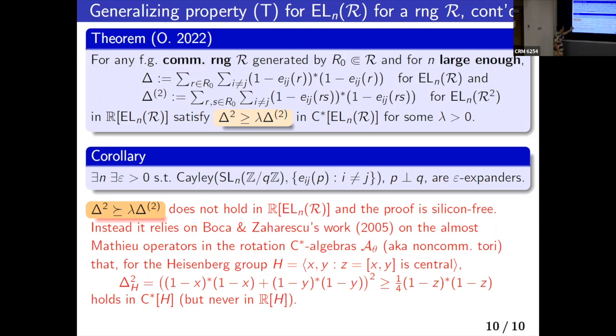the representation theory of the integral Heisenberg group. This is, of course, a nilpotent group, generated by X and Y, and the commutator is central. In this group algebra, the sister algebra, the Laplacian for this Heisenberg group, generated by X and Y, is (1 minus x)star(1 minus x) plus (1 minus y)star(1 minus y).